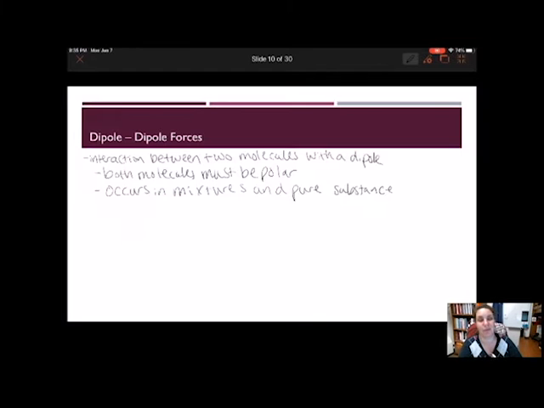Our ion-dipole forces only occur in mixtures. Okay? So what happens is the positive pole of one molecule is attracted to the negative pole of the other.